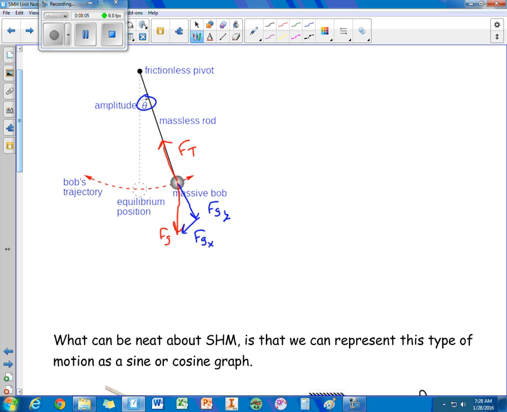And the angle of the pendulum will be the same as this angle right in here. Now, another thing I can do, I know this is a curved path, but if it's small enough, I can consider this a straight path for a position x, and the string has a length L.